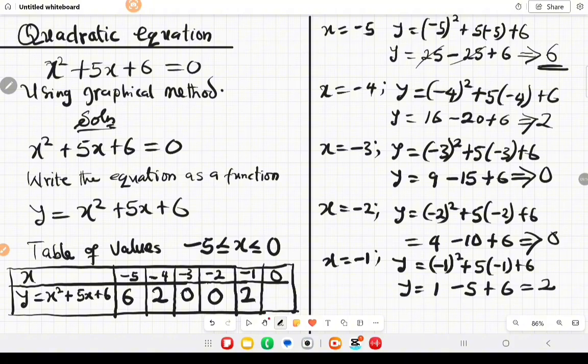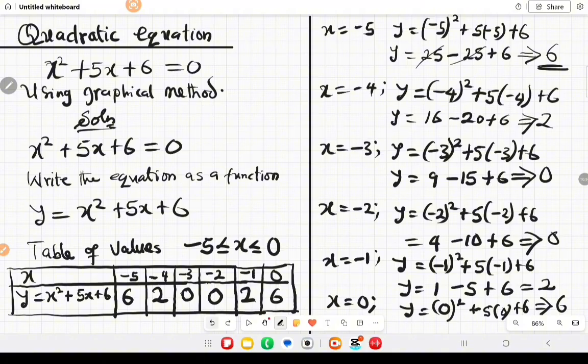We write 2 down. Then we continue when x is equal to 0. We have y equals 0 all squared, which gives us 0, plus 5 times 0, which gives us 0, plus 6, which gives us 6. As the answer, we put 6.